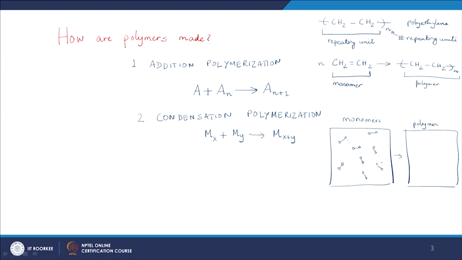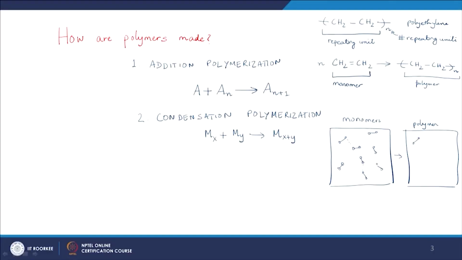So what you will see in the system is you start to form many different polymer chains, right. So these two will come together and form a polymer, then these two will also come together and form a polymer, and some will remain.